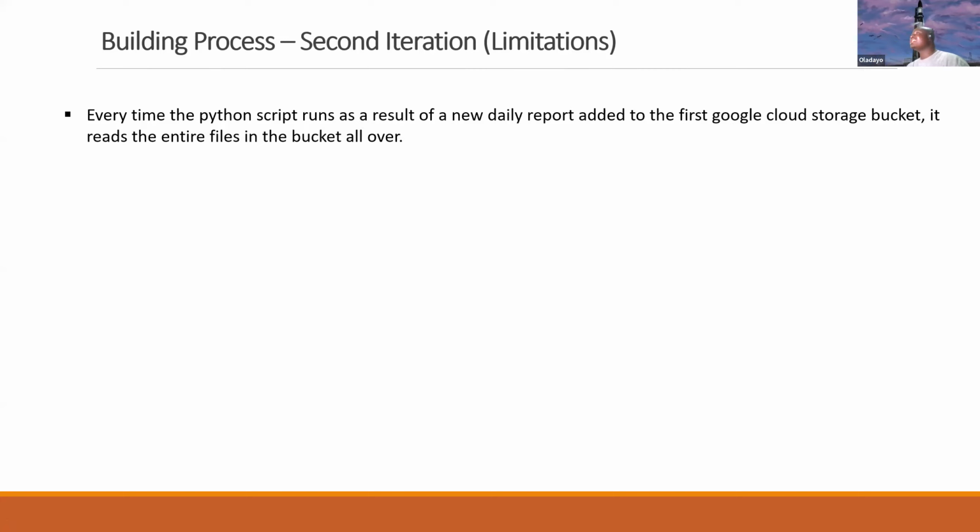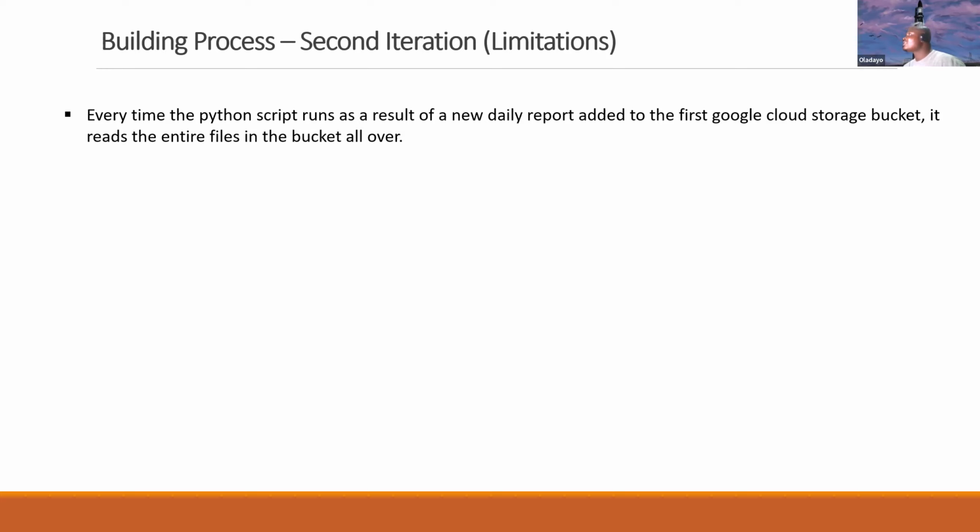I mean, it's not an issue, but the problem is that there is a timeout for your Google Cloud function. It's 9 minutes. If it doesn't run within the 9 minutes, it fails and then it retries again. So what that means is that if I keep adding and keep adding, the runtime for the Google Cloud function keeps increasing because it has to read more and more reports than previously.